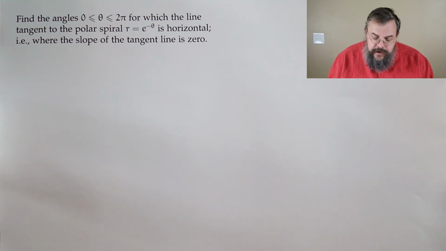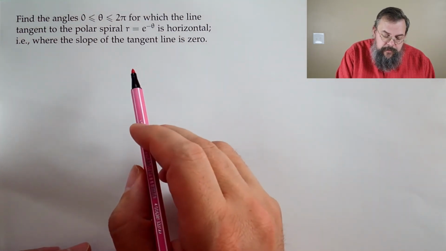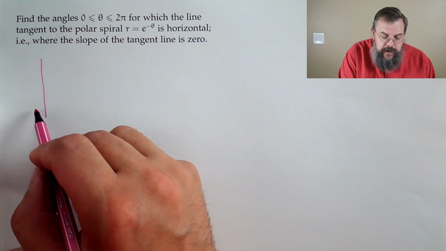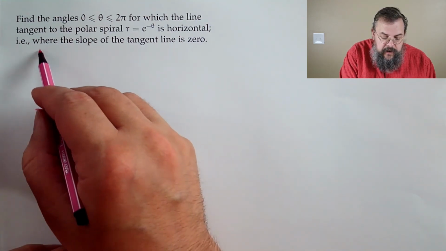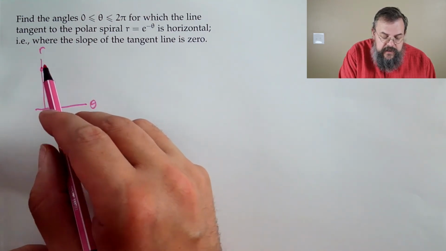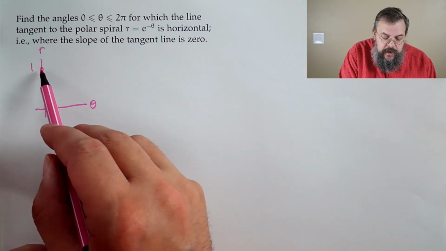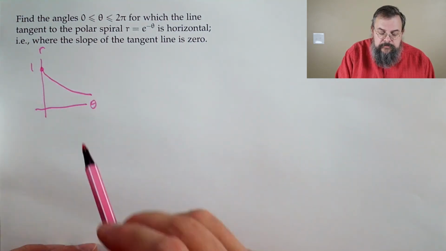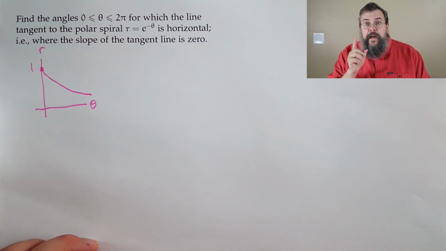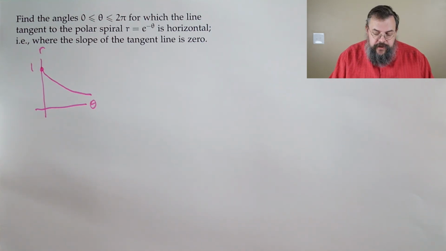Well, first off, what is this? Now we know what e to the minus theta does. If we have here theta and r, it says, look, e to the minus theta starts at 1, and then it just goes down. Now, how does that translate into the curve in terms of the polar?